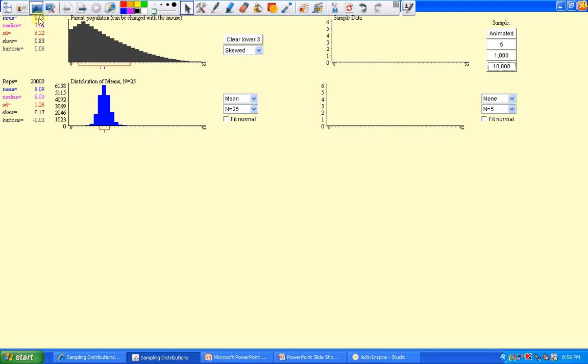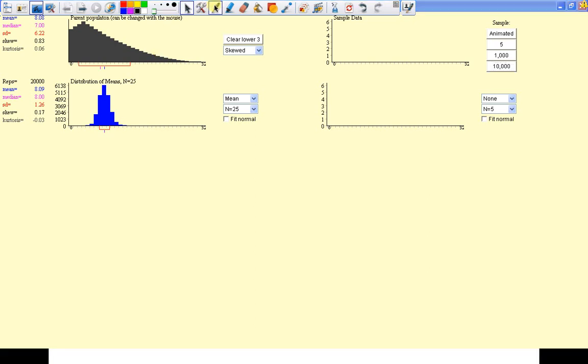This is going to become 8.08 the more reps we do, and the standard deviation is going to get basically 6.22 divided by the square root of 25, and whatever that value is, that's the standard deviation. And notice that the shape looks identical to the last, so it really doesn't matter what our population is. Even if we don't know the shape of our population, we do know the shape of the sampling distribution due to the central limit theorem.